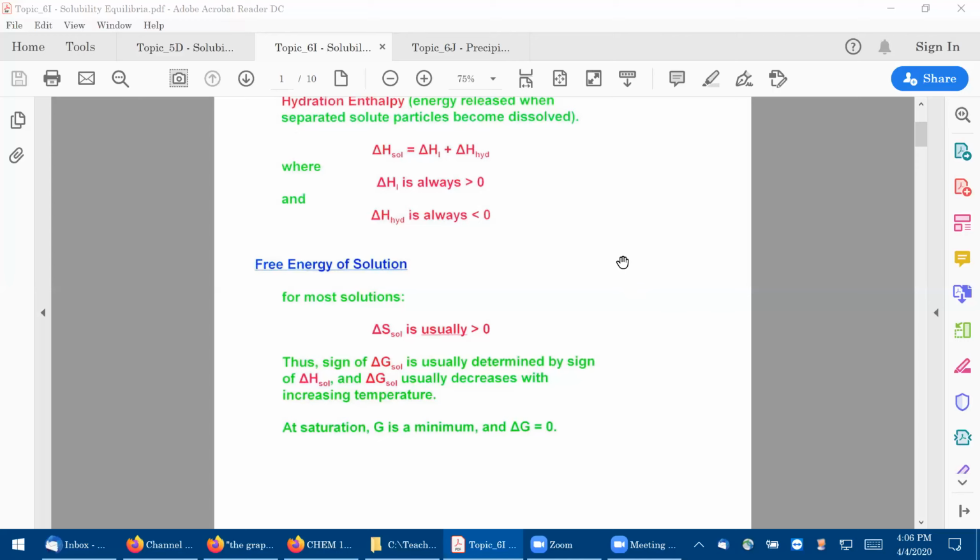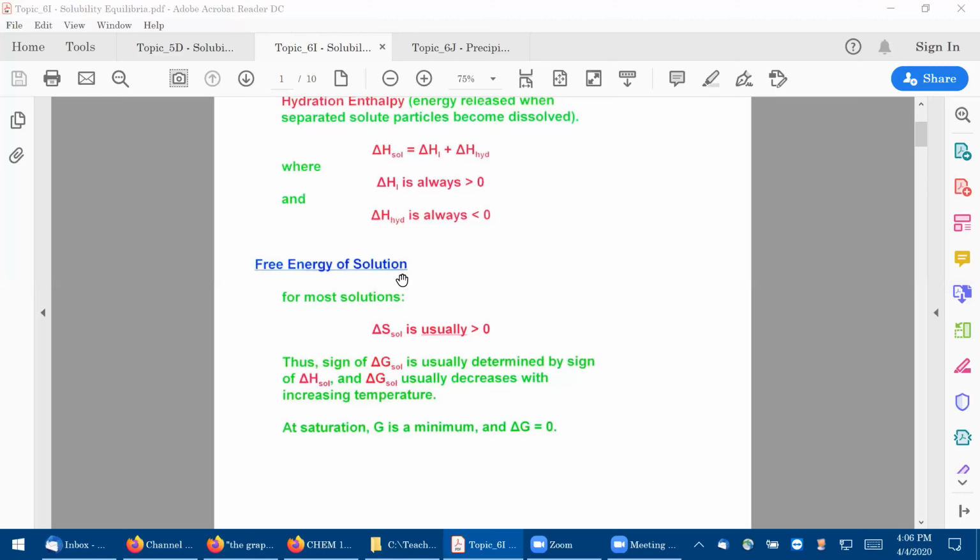So compared to all of the water molecules in the container, those that are associated with ions that are dissolved have had their entropy decrease because there are fewer of them. However, because the kinds of salts we're going to be talking about are very sparingly soluble, the number of water molecules that are like that are very, very small compared to the total number. And so the overall entropy effect is almost always positive.